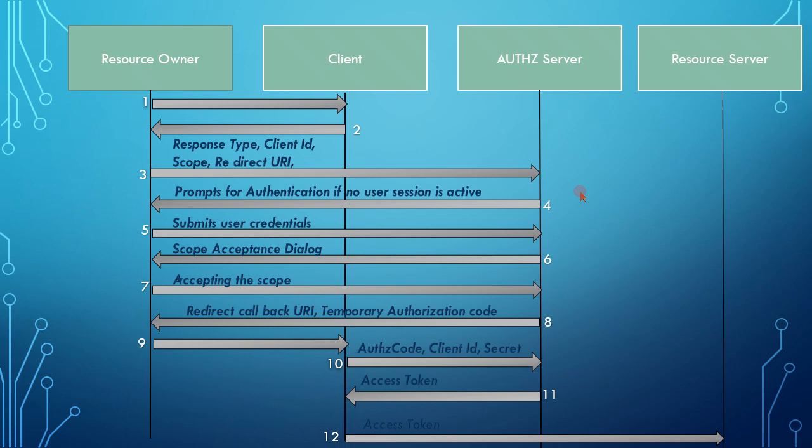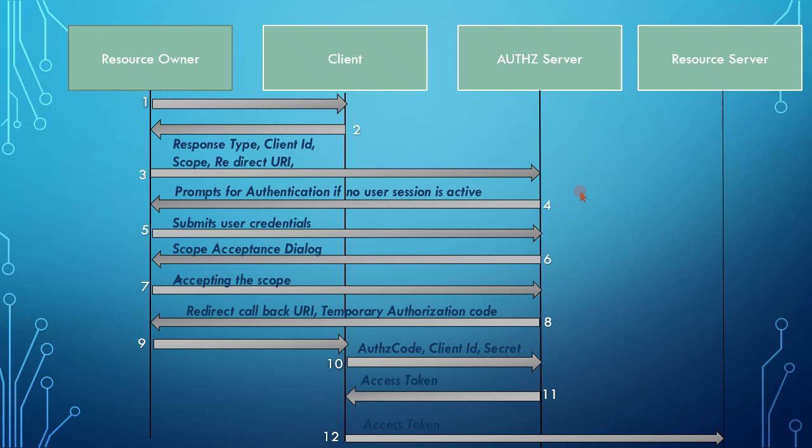Okay. So continuing the presentation. This slide explains the flow of the open authentication. Say that there is a client application which is hosted on some server and the resource owner is hitting the client URL on the browser.